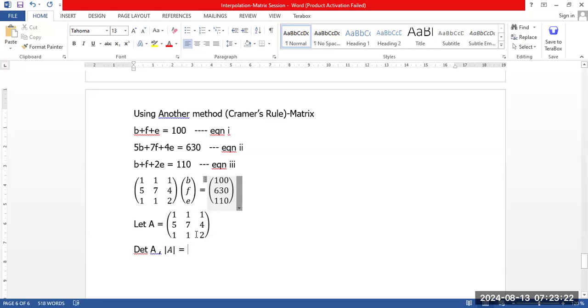Now, how do you get determinant of a 3 by 3 matrix? Remember, in the first question, we saw how we can get a determinant of a 2 by 2 matrix. How do we get a determinant of 3 by 3 matrix? What you will do is to write this one.